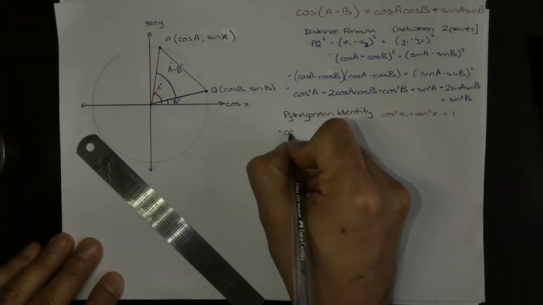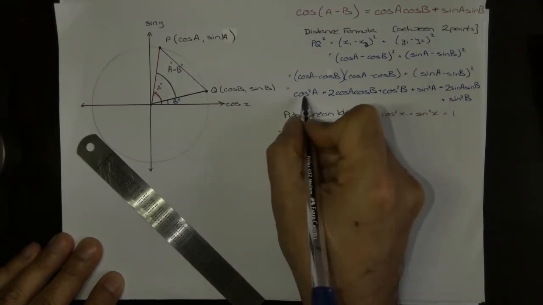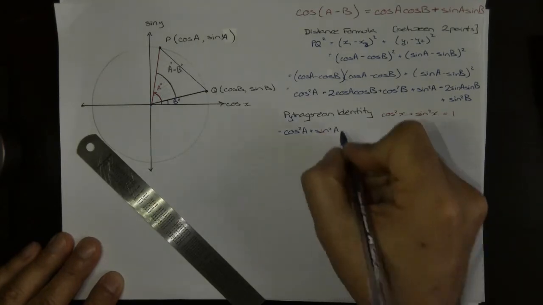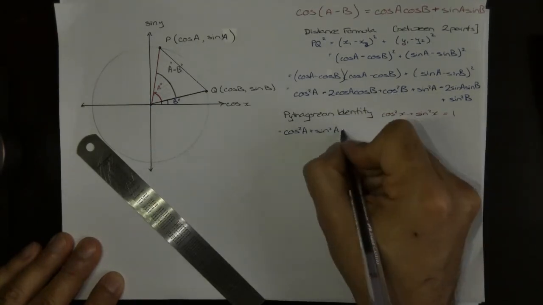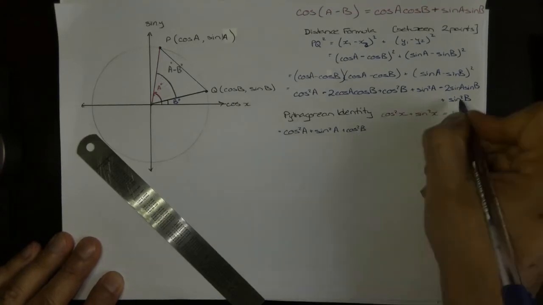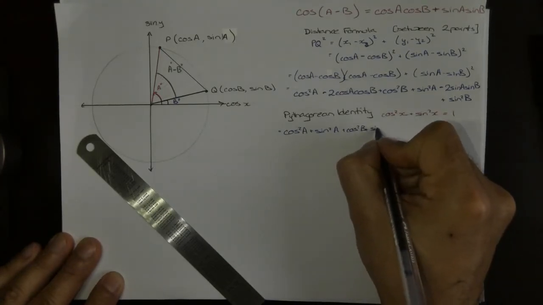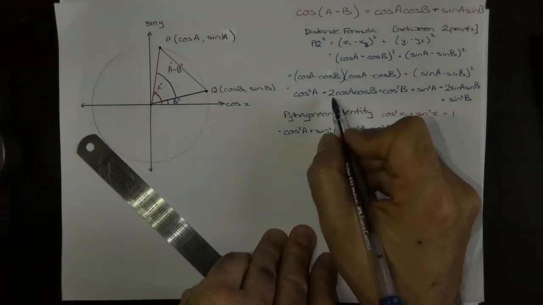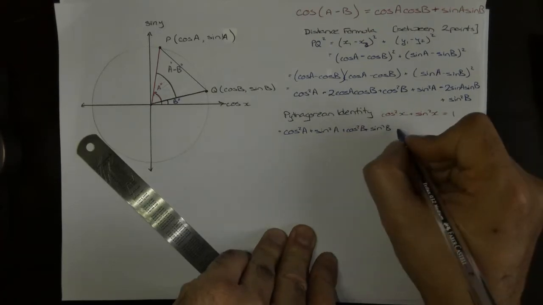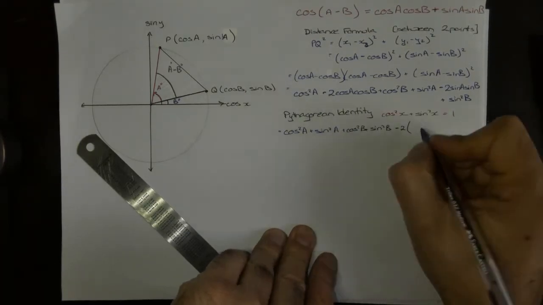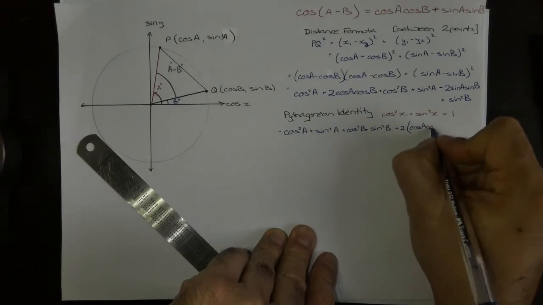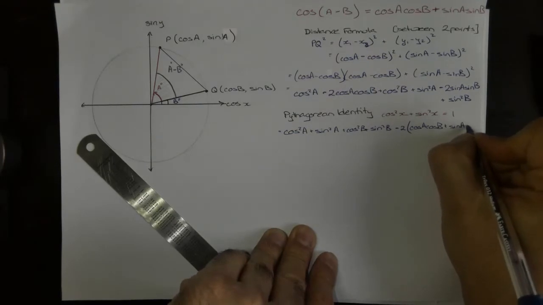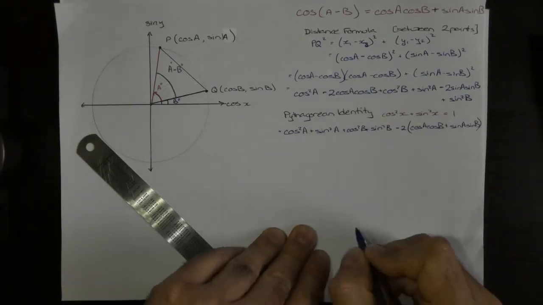I've got cos squared A, and I'll connect it with this sine squared A. I'm then going to write cos squared B, and next to this sine squared B. Okay, and then I'm going to collect this negative 2, and I've got cos A cos B, and then plus sine A sine B. Okay.